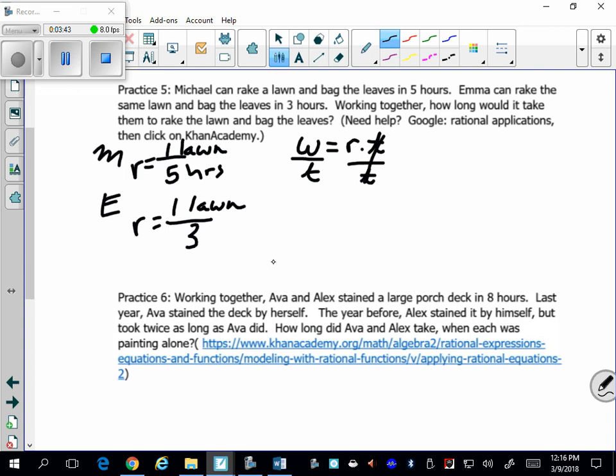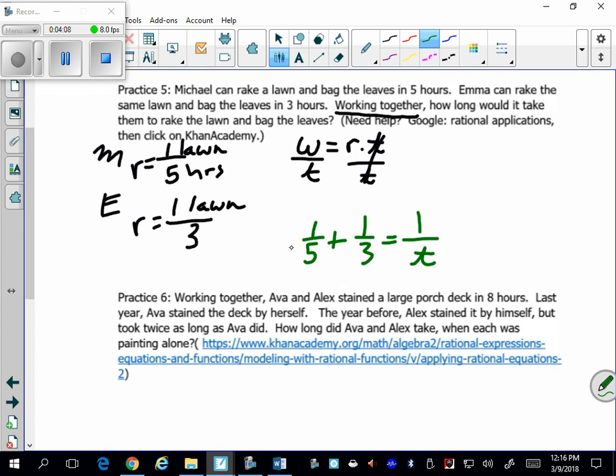We then want to see how they're going to work together. So we have Michael's rate plus Emma's rate equals their rate together. We're making one lawn. How much time is it going to take? We don't know. This is where we can just solve our problem.